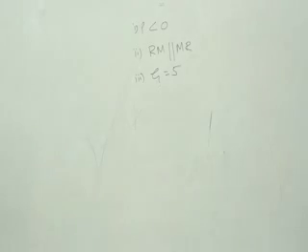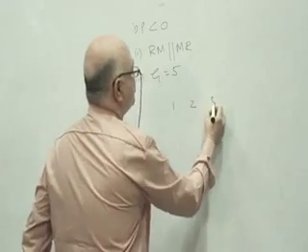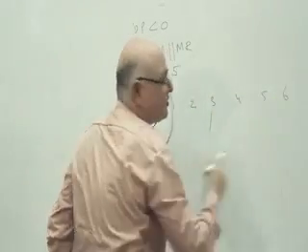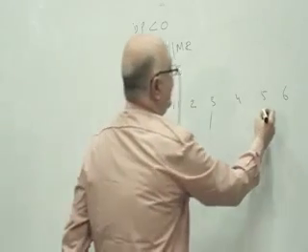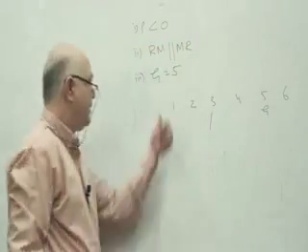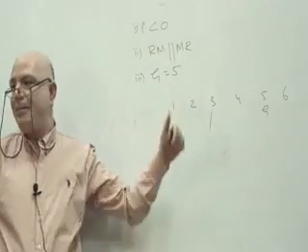Now going to the second question. If the magenta ball is under cup 4, now look at this one. 1, 2, 3, 4, 5, because the cups are numbered 1 through 6. Now green is already over here, because G is 5. Green is under cup 5.